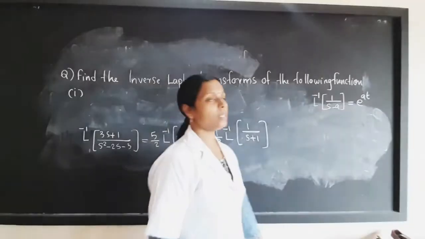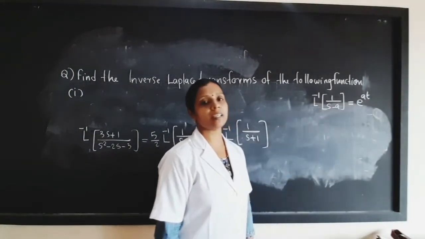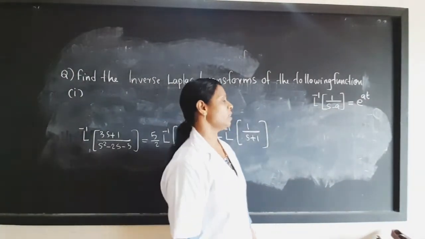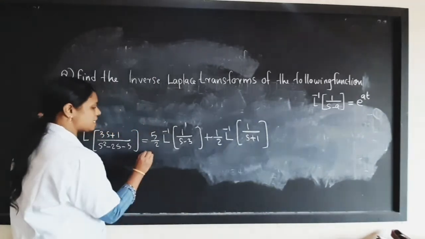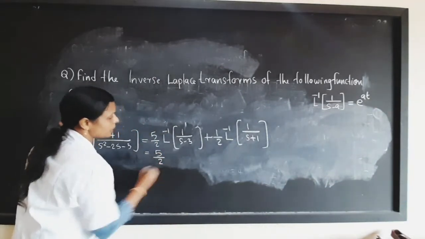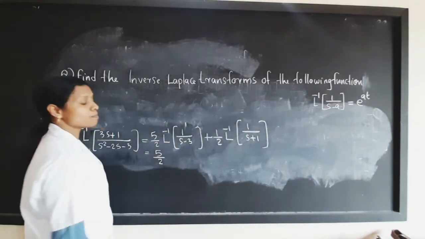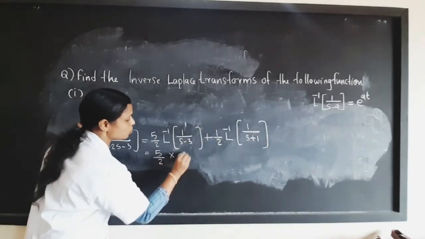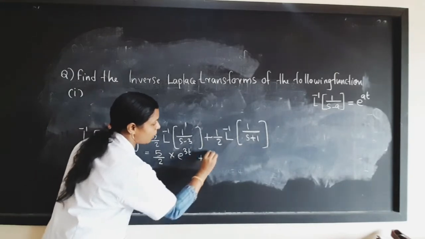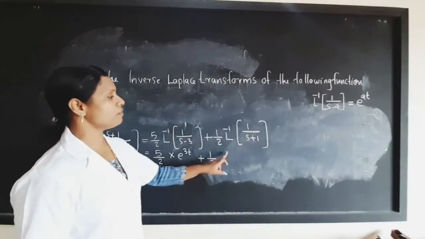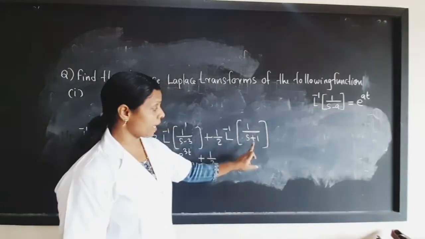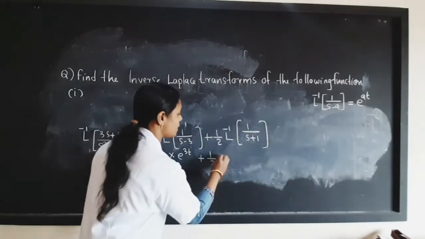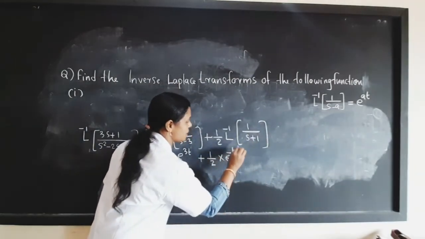We know that L inverse of 1 by (s minus a) is equal to e raised to at. Using this result, L inverse of 1 by (s minus 3), here a is 3, so e raised to 3t; and L inverse of 1 by (s plus 1), here a is minus 1, so e raised to minus t.